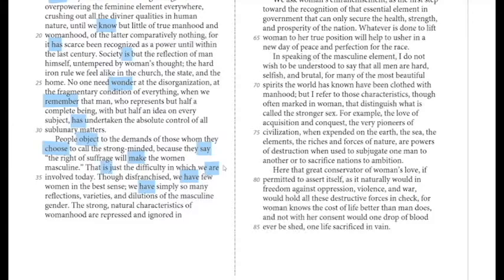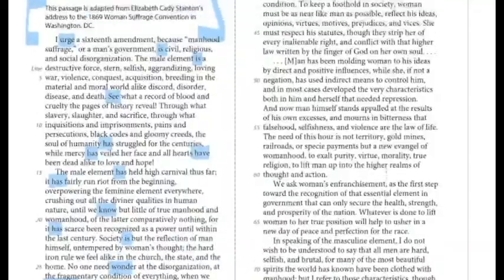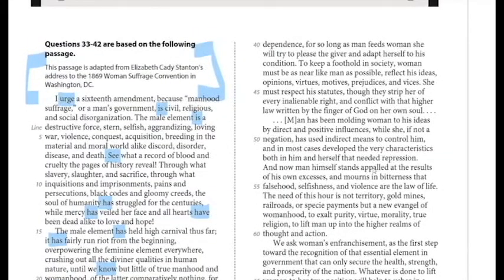The strong natural characteristics of womanhood are repressed and ignored in dependence. For so long as man feeds woman, she will try to please the giver and adapt herself. To keep a foothold in society, woman must be as near like man as possible, reflect his ideas, opinions, virtues.